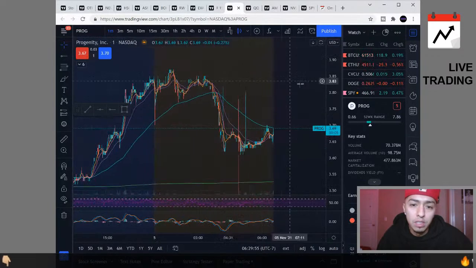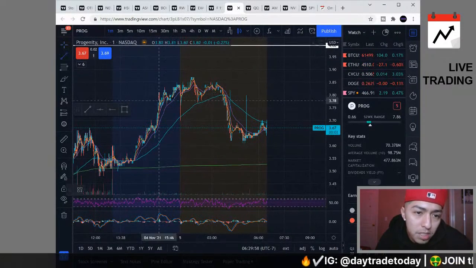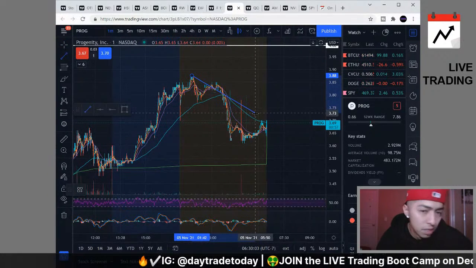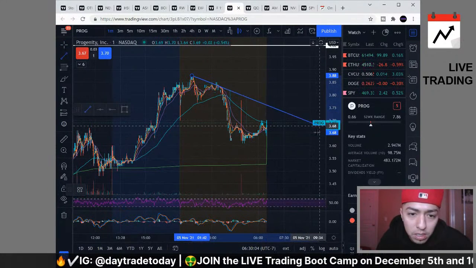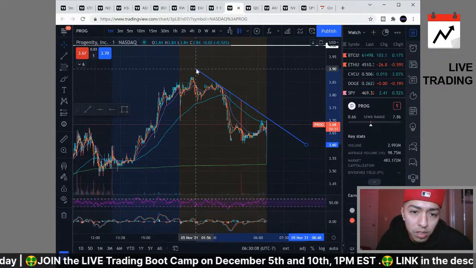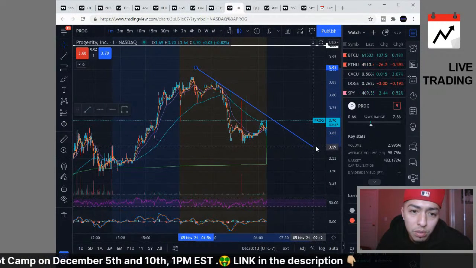On the 1 minute, just to give you a little glimpse of how the pattern's looking, this pattern right here is somewhat looking like a falling wedge. Let me draw it out for you real quick.